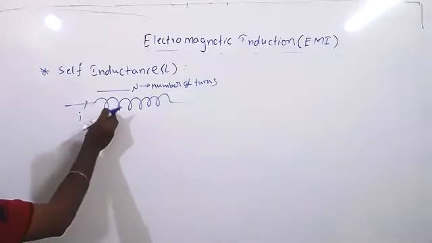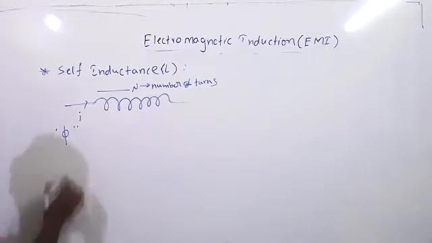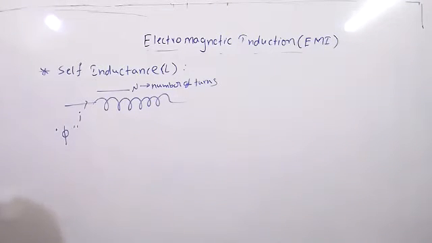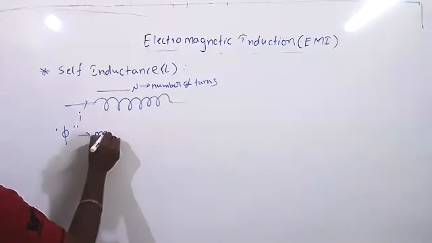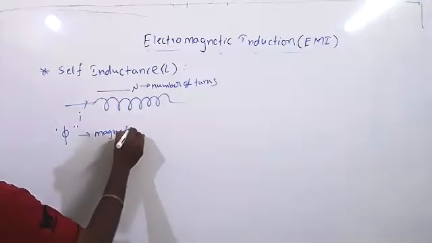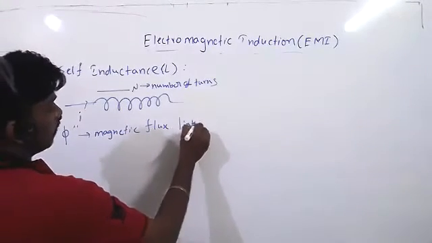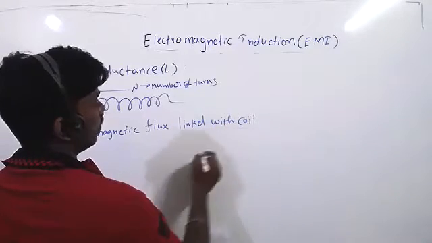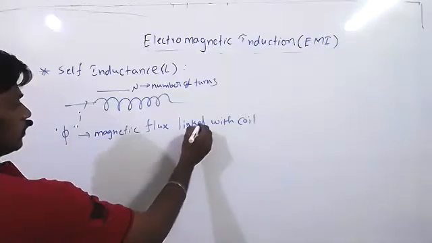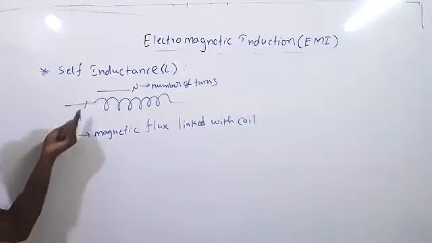So for one turn, the flux is phi. This is the magnetic flux linked with one turn of the coil.